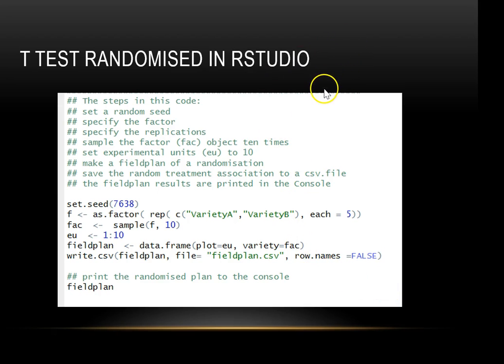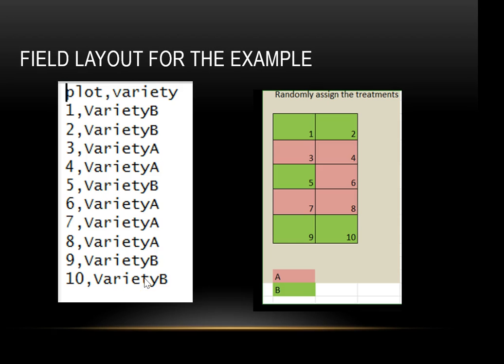So what we're going to do here is look through what we've done. As I said, this is the first part where we're actually randomizing. This is where the randomization is done, and we're using R code. All you need to do is write this small piece of code, and it'll be available on the BeST website.